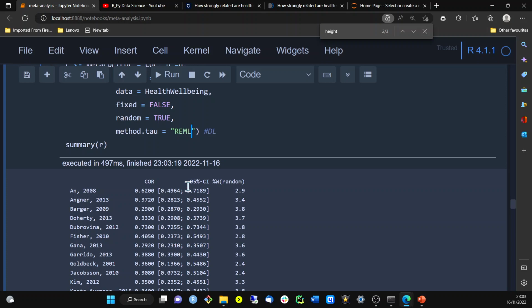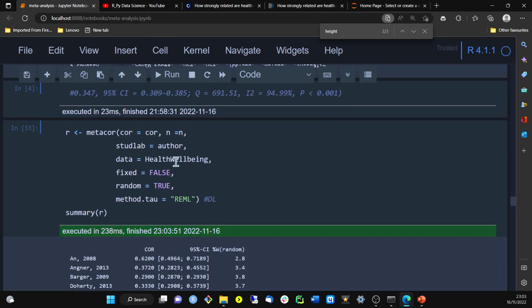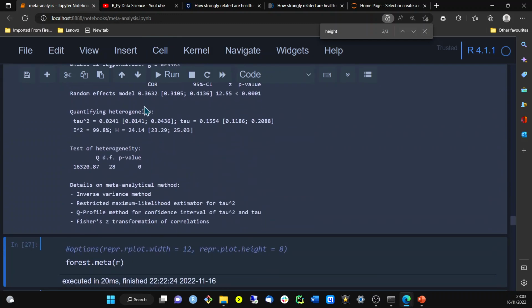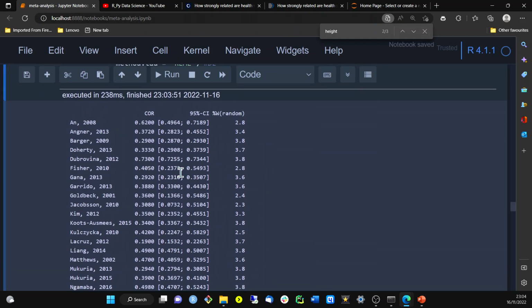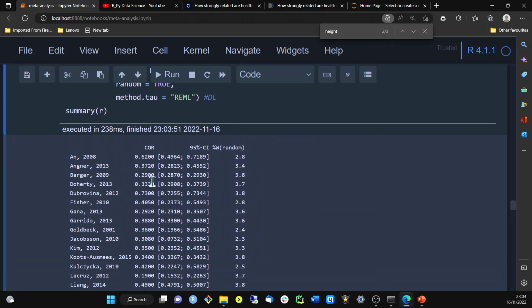But let me get back to my de facto standard, REML, and run it. You see the previous one had 0.3633, and this one is a little bit smaller. So their DL is slightly overestimating the pooled correlation estimate.